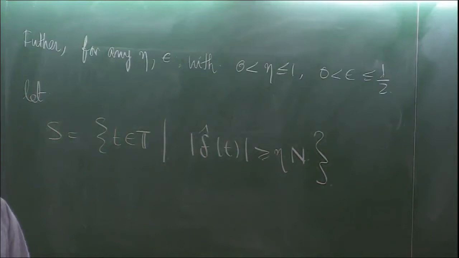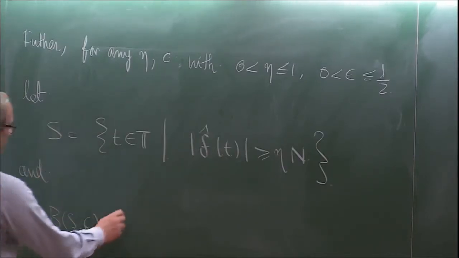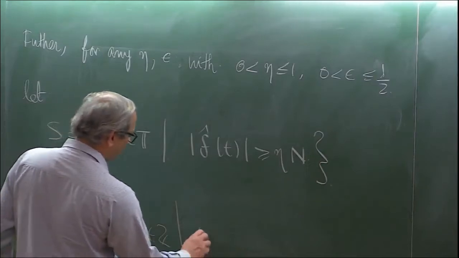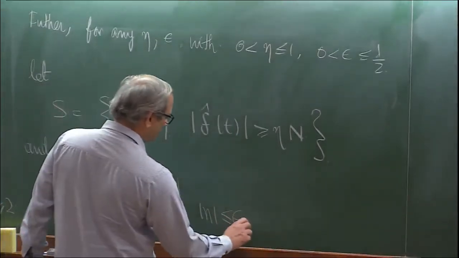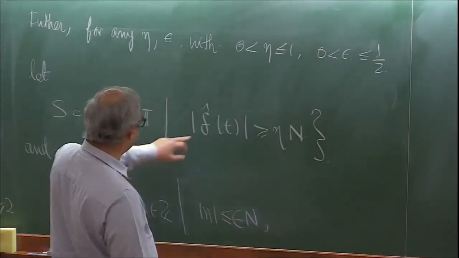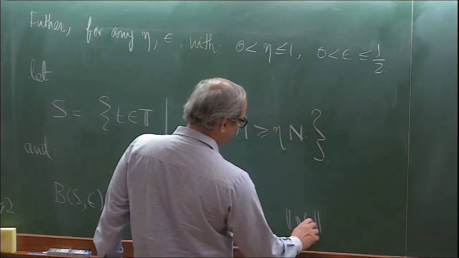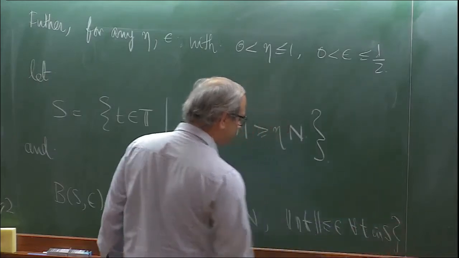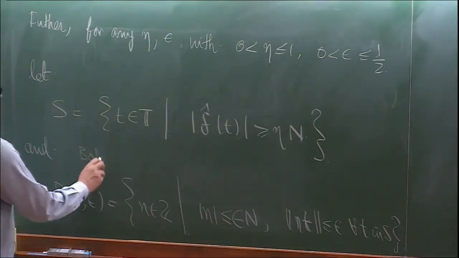Okay, so it's a set of t in T on which the Fourier transform is large, and let B(S, epsilon) be the corresponding Bohr set, which is the n's in the dual of T, namely Z, such that the n's are localized in size, so they are not more than epsilon times n, and also they approximately annihilate the elements of S, namely that n times t is less than epsilon for all t in S. So this is what is called the Bohr set.